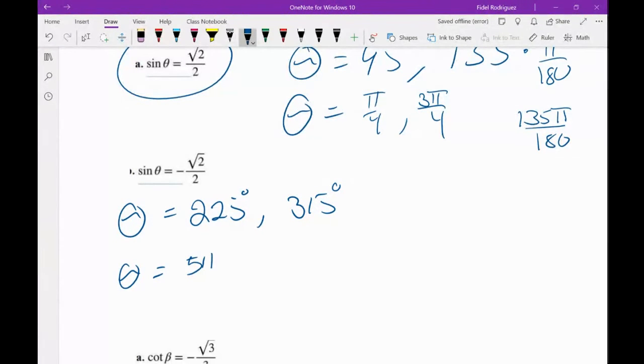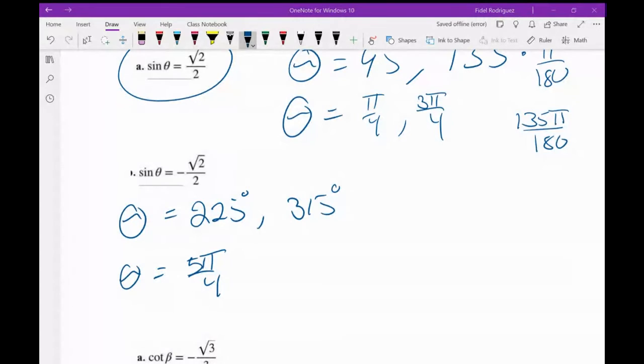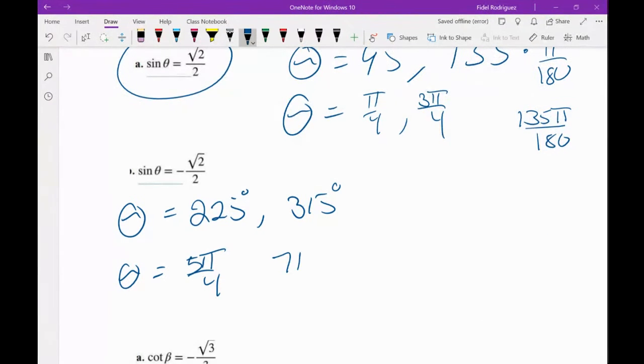So this one here is going to be 5 pi over 4. And I'll do the same thing for 315. So 315 over 180, right? Then go to math, and number 1 frac, hit enter, 7 pi over 4. And I got my 2 answers.